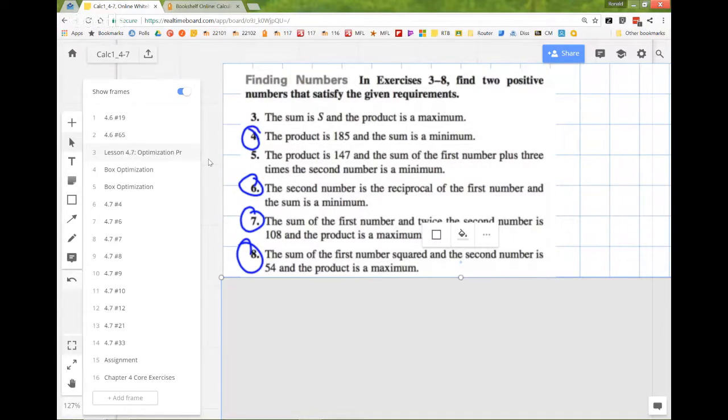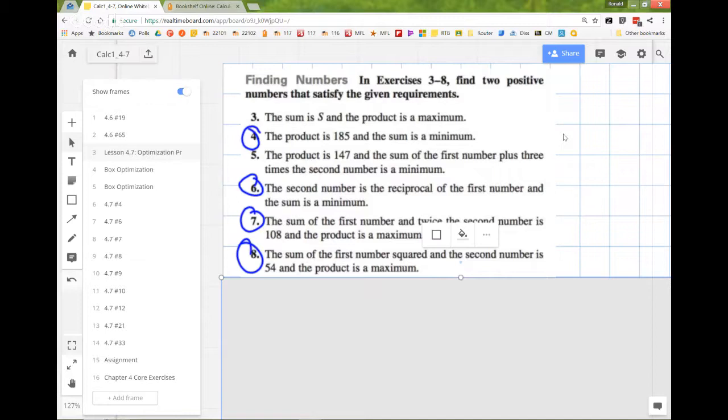Number 4 says, and you have to read these by looking at the directions at the top, find 2 positive numbers that satisfy the given requirements. In number 4, the 2 numbers have a product of 185, and when you add them up, you get a minimum. So instead of maximizing, this time we're minimizing.